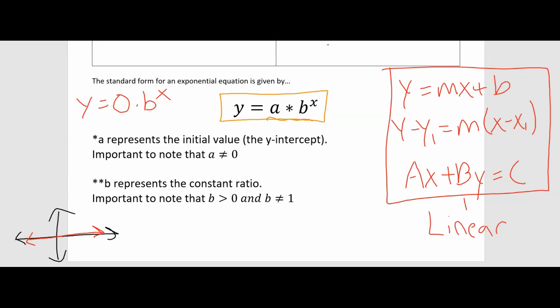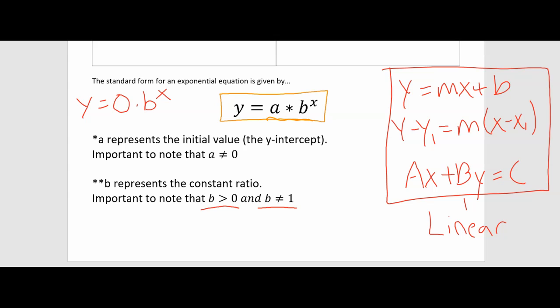So again, in our example above, we multiplied by 2 each day. But you could multiply by 4 each day. You could multiply by 5.5. You could even multiply by 1/2 or 2/3. The only numbers that b cannot be are negative numbers. So b has to be greater than 0. And b can also not be 1. And there are some reasons for that.